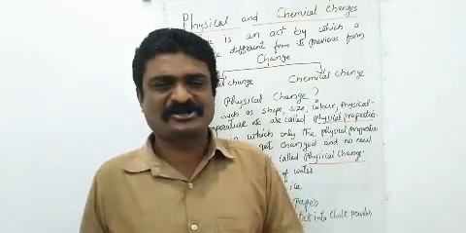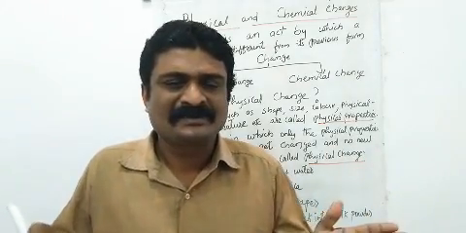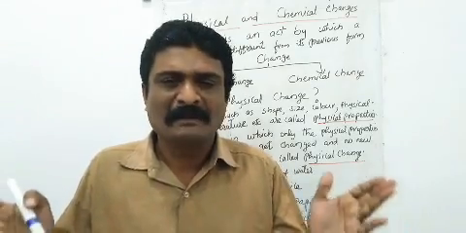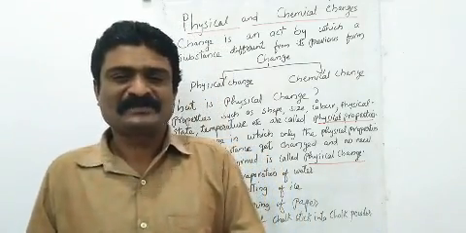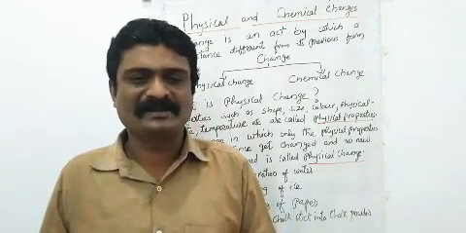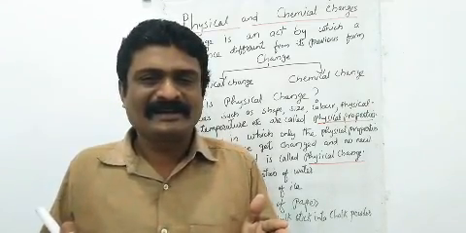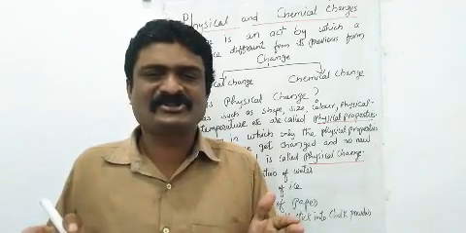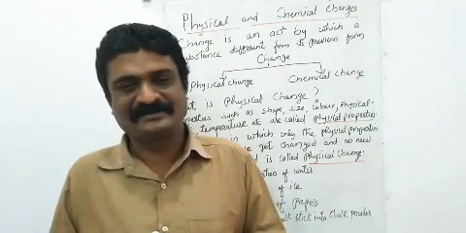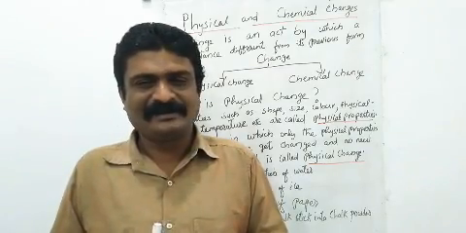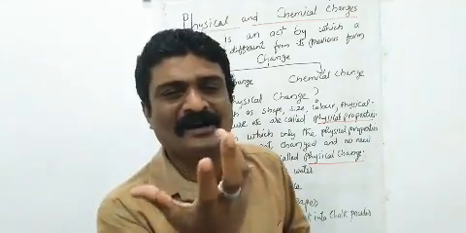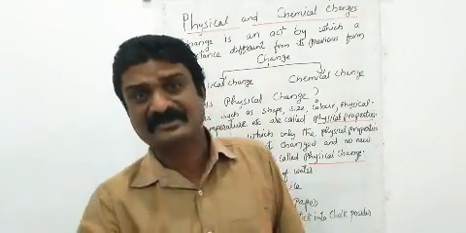Let us find out the cause behind some changes. Very simple example: the change in day and night is because of the rotation of earth around the sun. That is the cause.